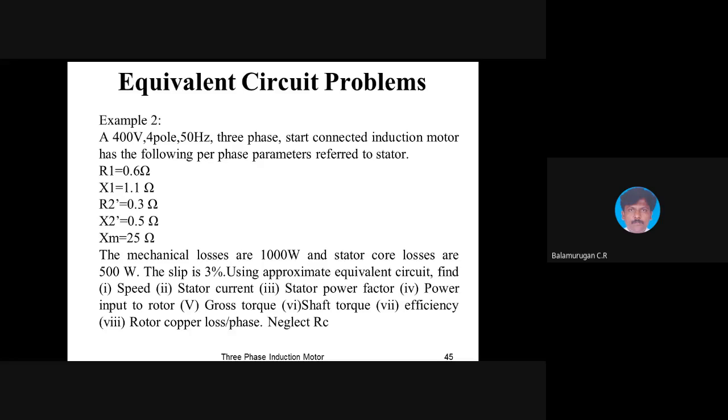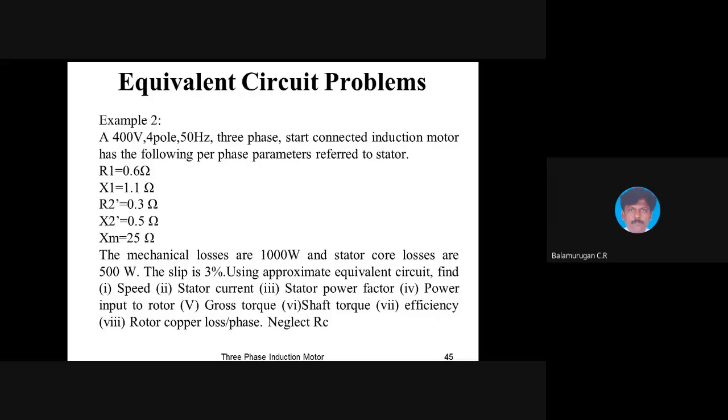You know the stator input: P1 equals 3 V1 I1 cos phi 1. Stator copper losses are 3 I1 square R1, and the stator core loss is given in the problem itself as 500 watts. First you write the formula, rotor input equal to stator input minus stator losses.